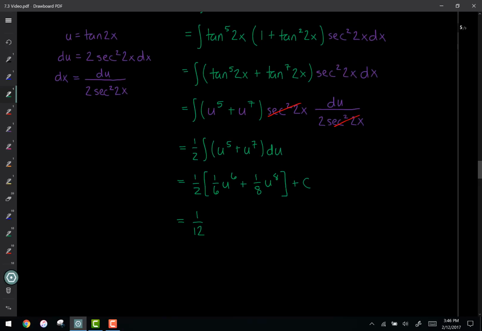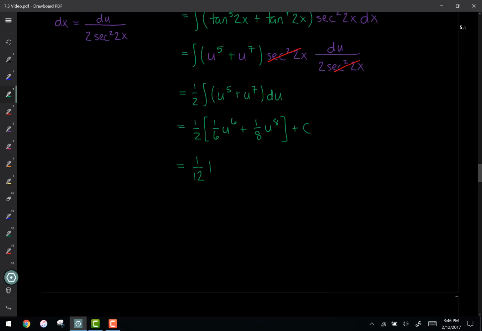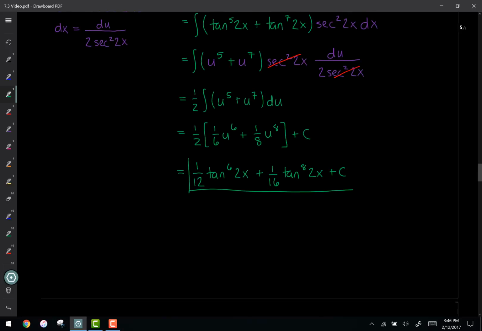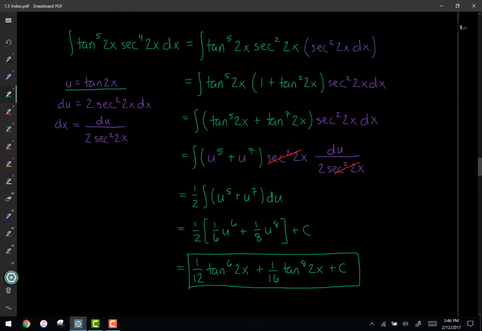So we were back substituting u is tangent of 2x. So 1/12 tangent to the sixth of 2x plus 1 over 16 tangent to the eighth of 2x plus c. Okay, and there's our antiderivative.